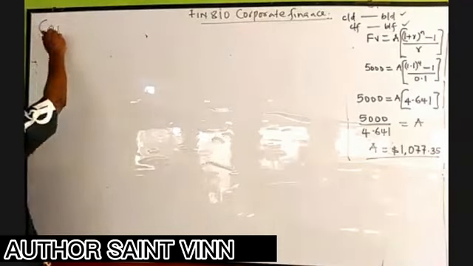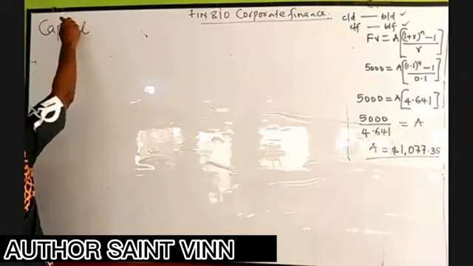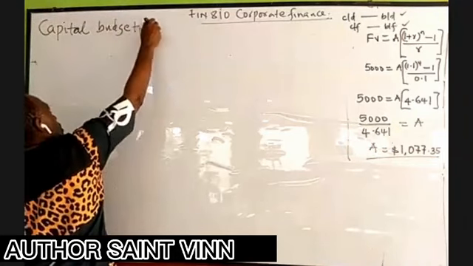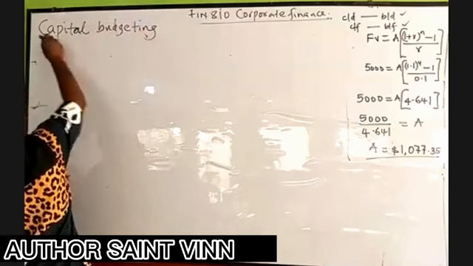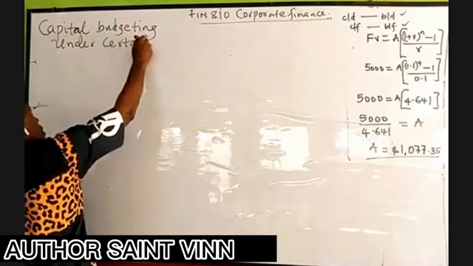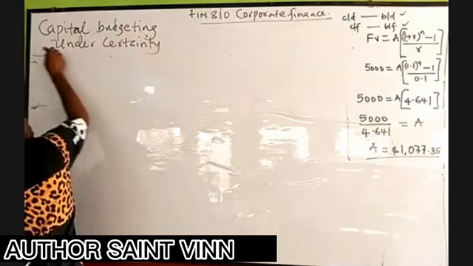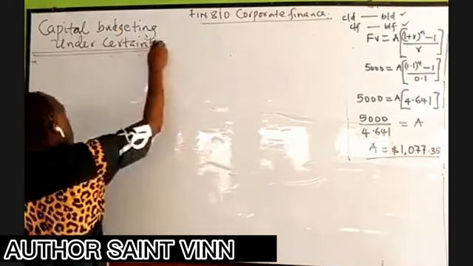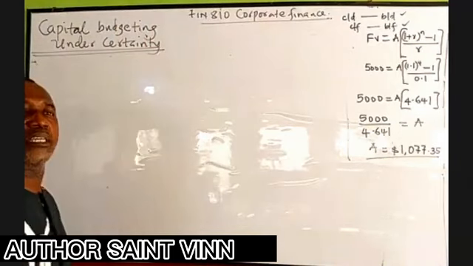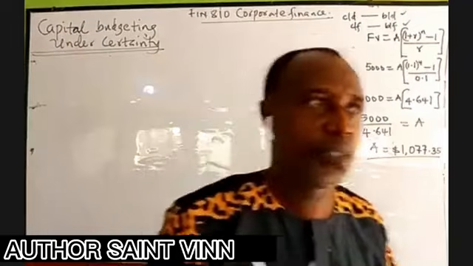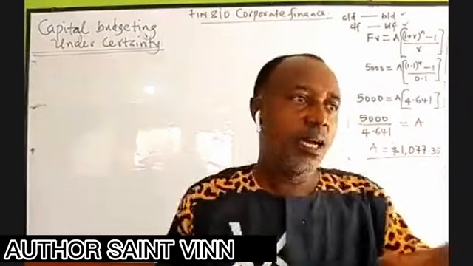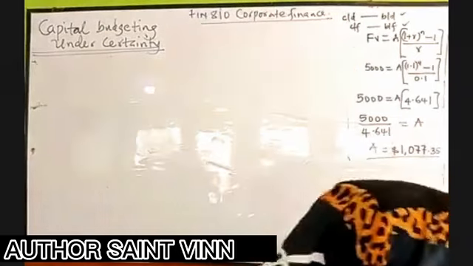So we are moving on. Capital budgeting. Capital budgeting has 2 types. We have capital budgeting under certainty, and the other one is under uncertainty.